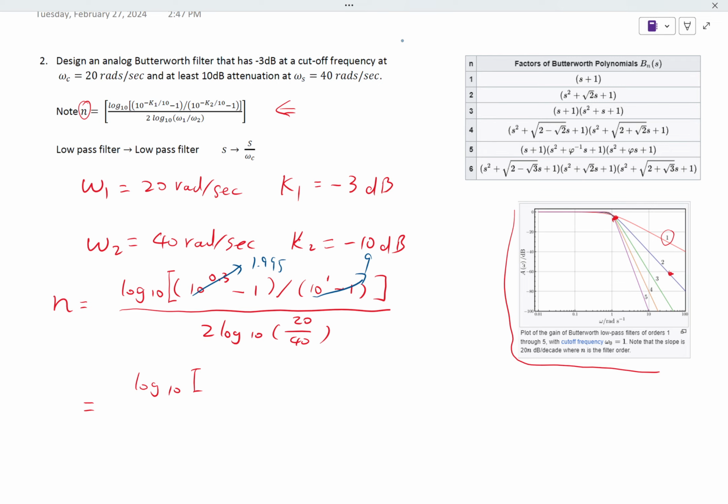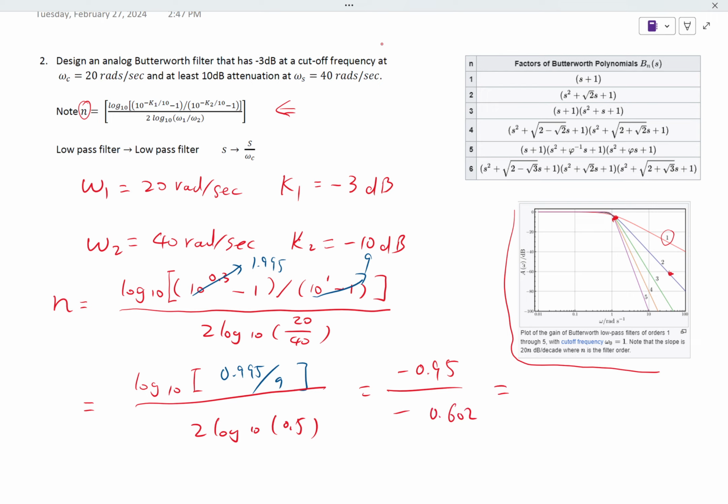So what I get here is 0.995 divided by 9, which inside this one I got 0.11, divided by 2 log 10 of 0.5. What I got on the top is negative 0.95, and at the bottom is negative 0.602, so in the end the n is 1.57.